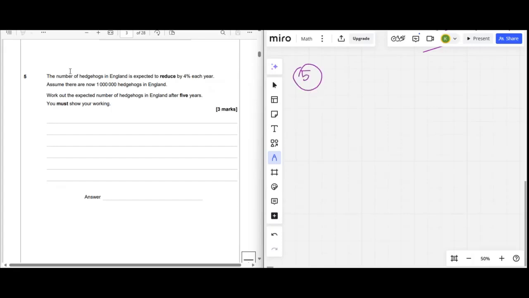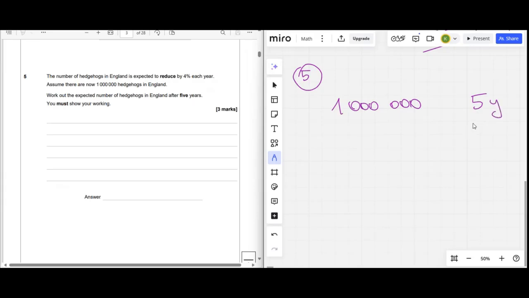Dalej mamy. The number of hedgehogs in England is expected to reduce by 4% each year. Assume there are now 1 million hedgehogs in England. Work out the expected number of hedgehogs in England after 5 years.